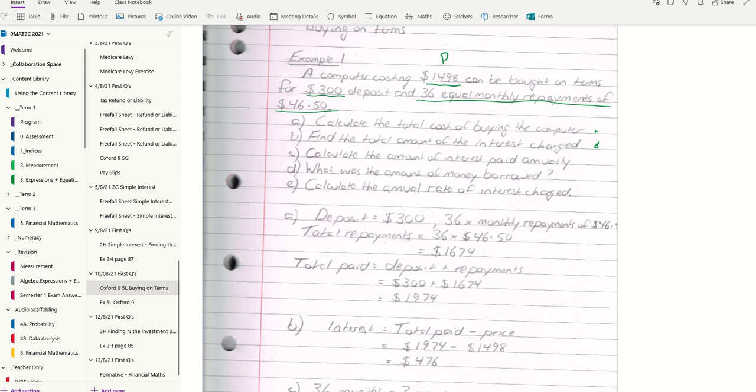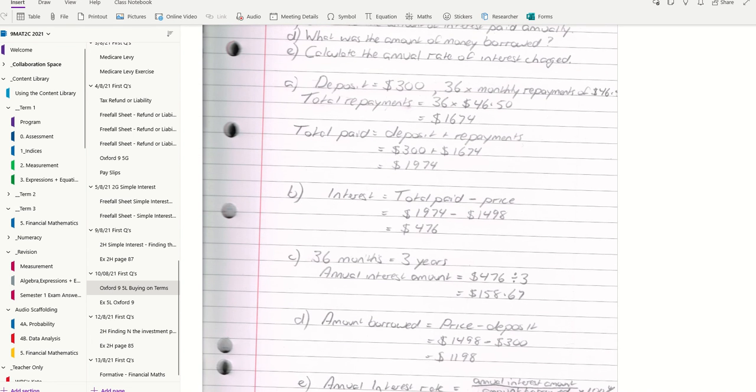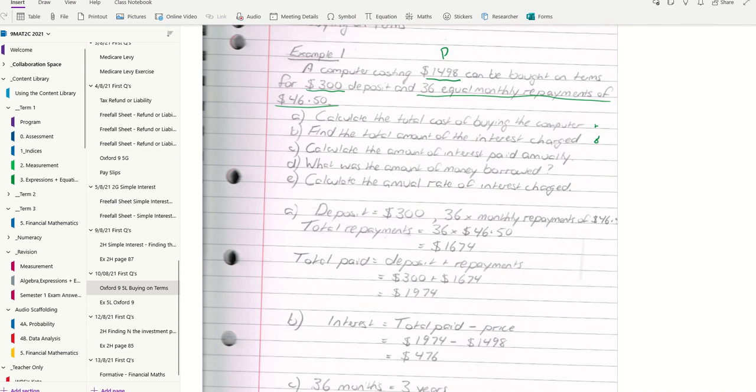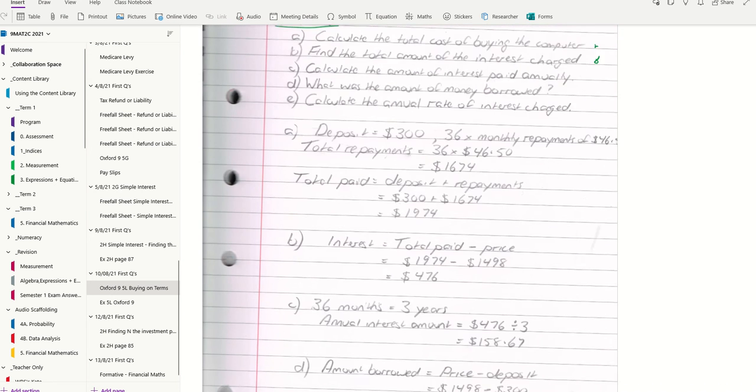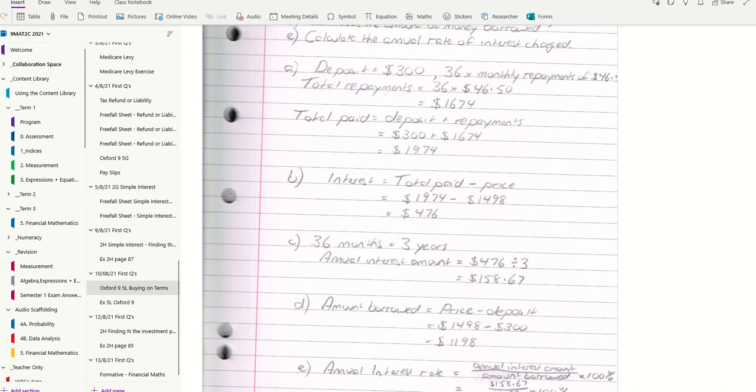So in the first place, question A, if we just write down there, deposit was $300, and we had 36 monthly repayments of $46.50. So our total repayments are going to be 36 repayments times $46.50 is equal to $1674.